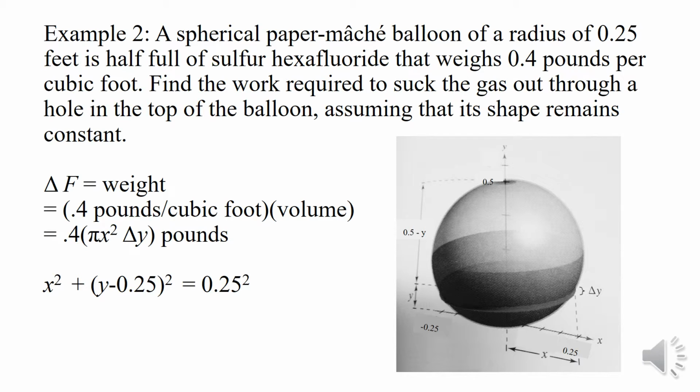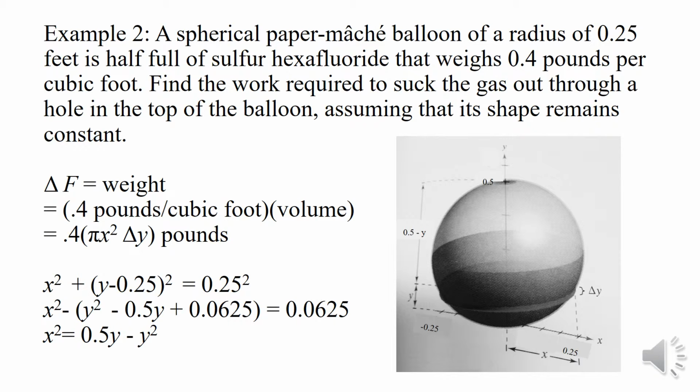We put in 0.25 for k and 0.25 for r, which gives us x squared plus y minus 0.25 squared equals 0.25 squared. We factor and end up getting x squared equals 0.5y minus y squared.